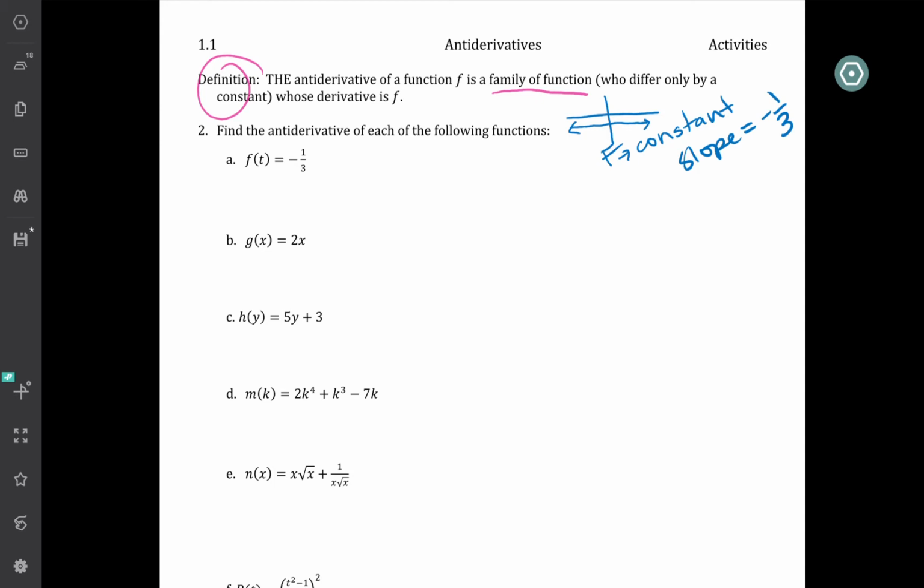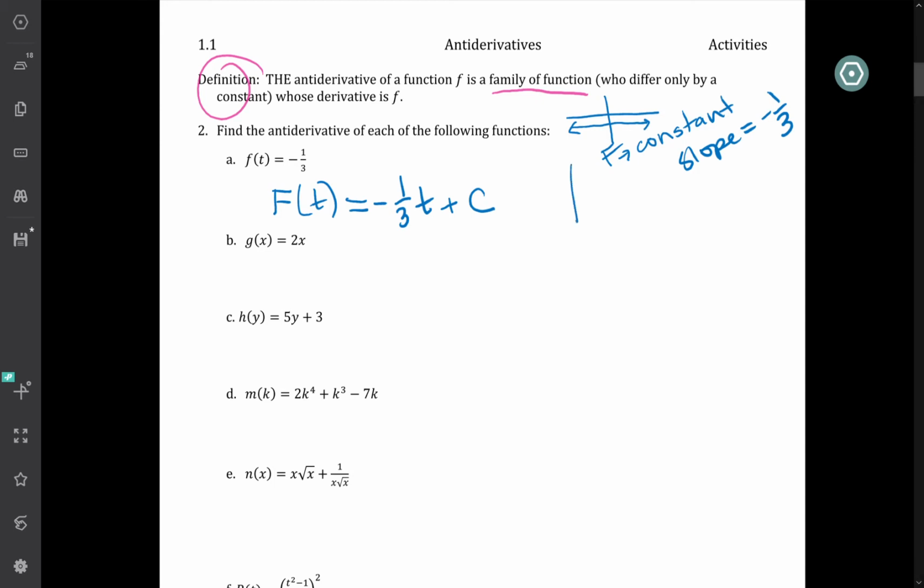So we know that to get the constant function f of x equals negative 1/3, we would have taken the derivative of a linear function with slope of negative 1/3, and the y value does not matter as long as the slope is negative 1/3. The derivative will be negative 1/3. So any y value you want on there and you will have the right answer.